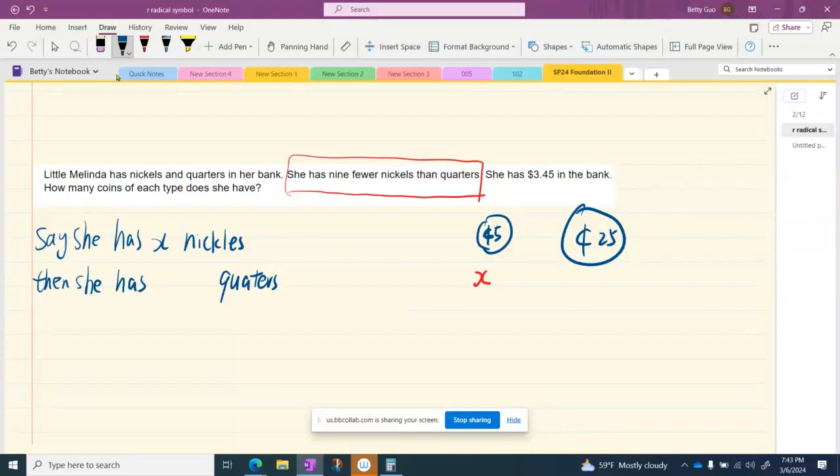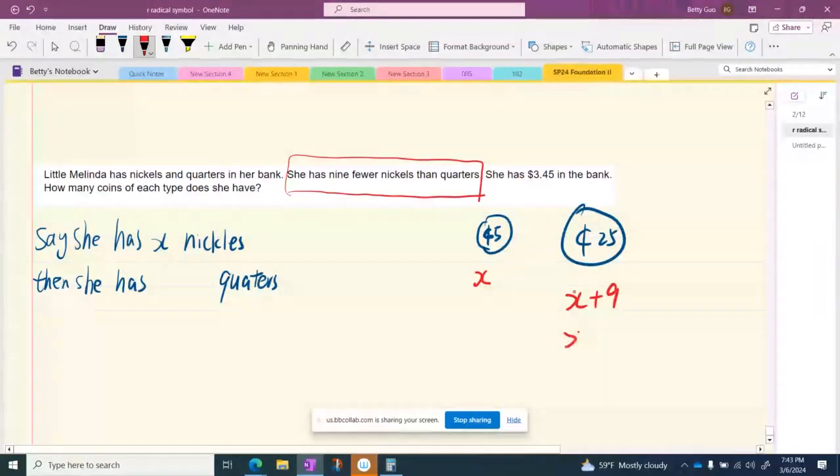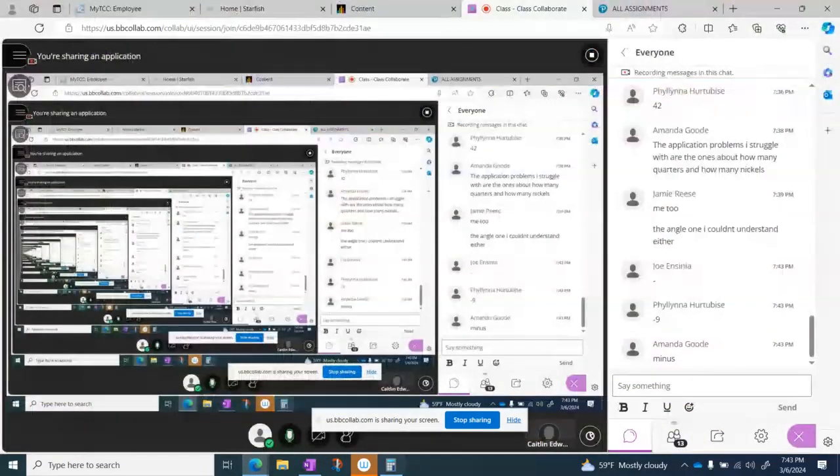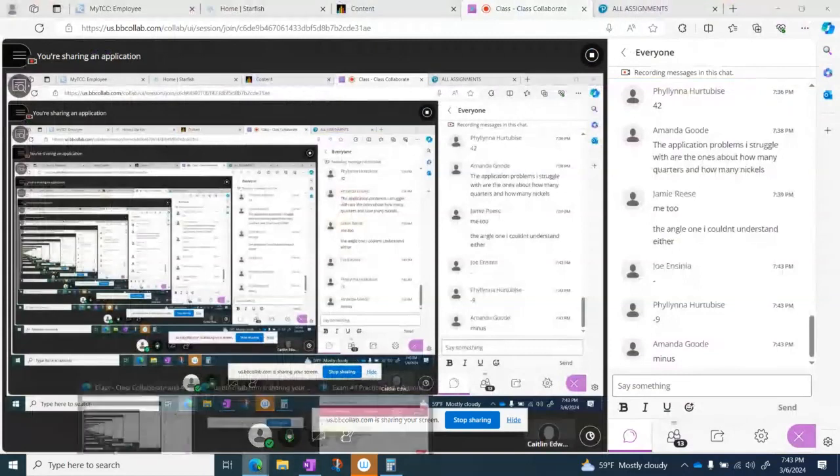Is it going to be x minus 9 or x plus 9? Multiple choice question. If little Melinda has x nickels, does she have x plus 9 quarters or x minus 9 quarters? Let's read the question again.